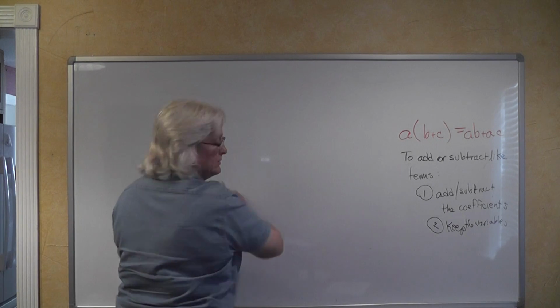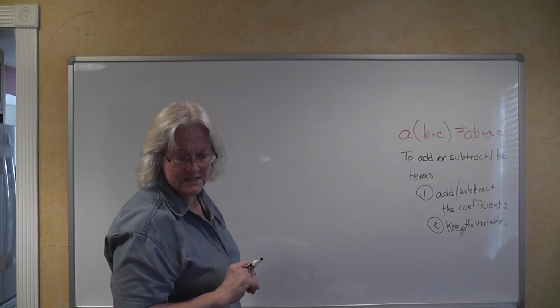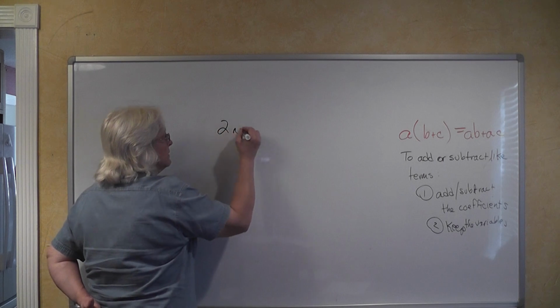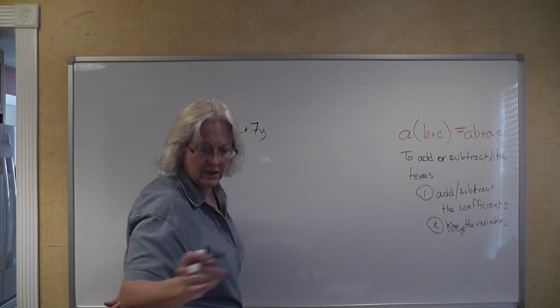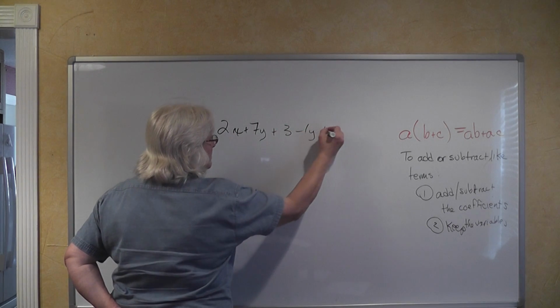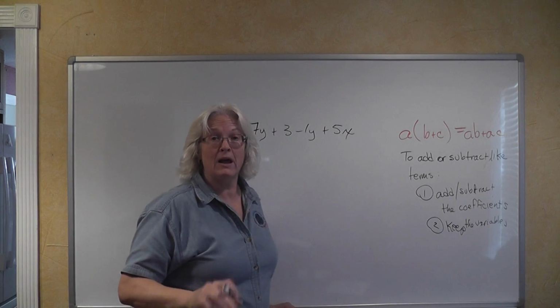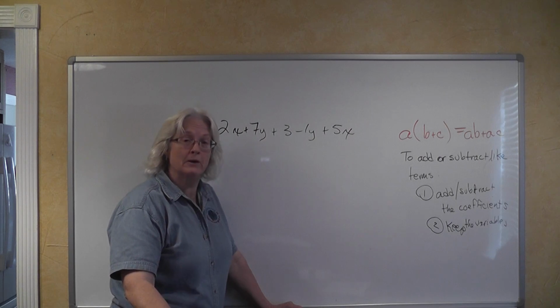Now let's go ahead and do example 3. We want to combine like terms or simplify, and this is 2x plus 7y plus 3 minus 1y plus 5x. Before today, you would have probably said, I have no earthly idea what I am supposed to do there.